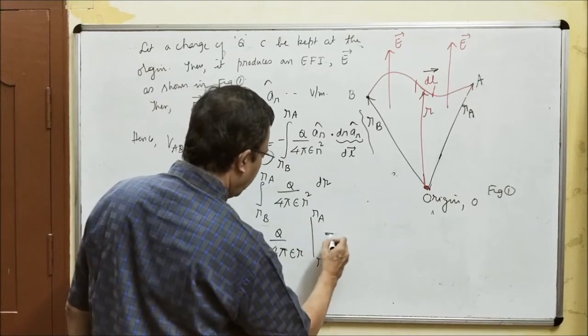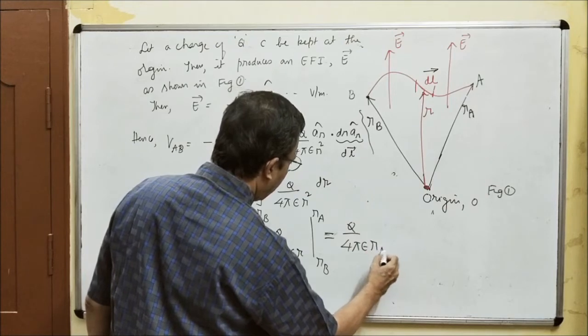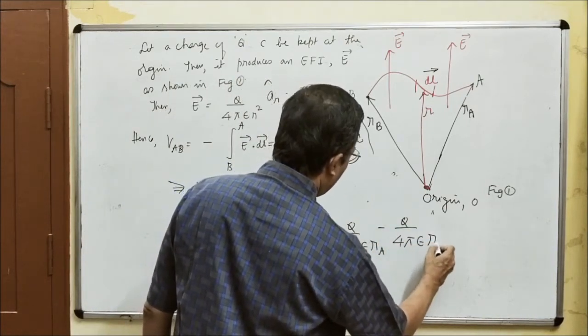Putting in the limits, you get Q divided by 4 pi epsilon into RA minus Q divided by 4 pi epsilon into RB.